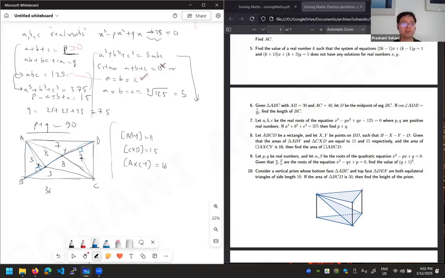You know that word symmetry keeps coming back. A and C are at the same distance from BD, which is very helpful. Let us start from the beginning. AXCY is 16. AXCY is this quadrilateral, which is divided into two smaller triangles, AXY and CXY.